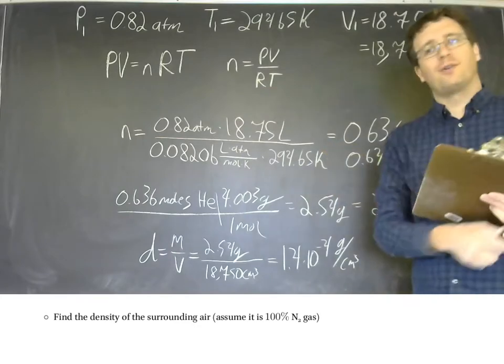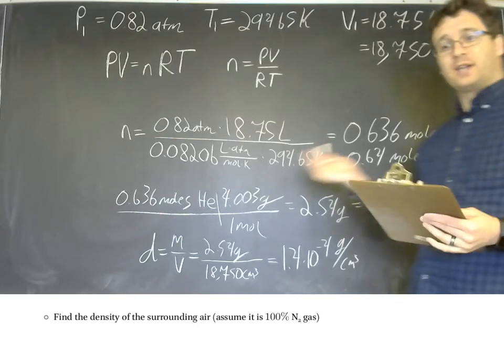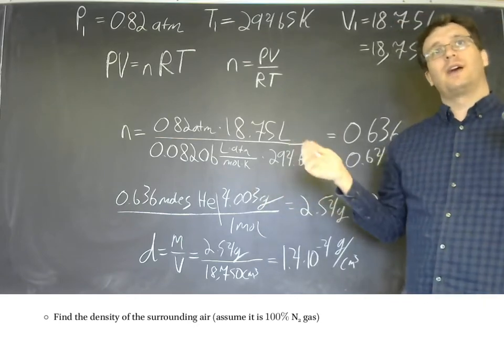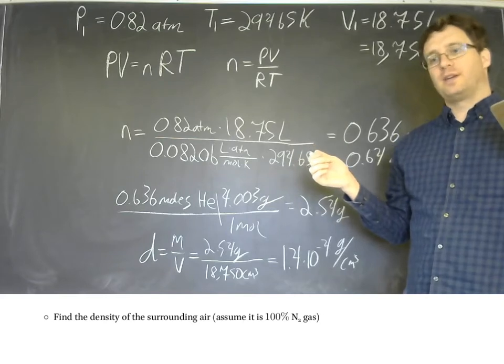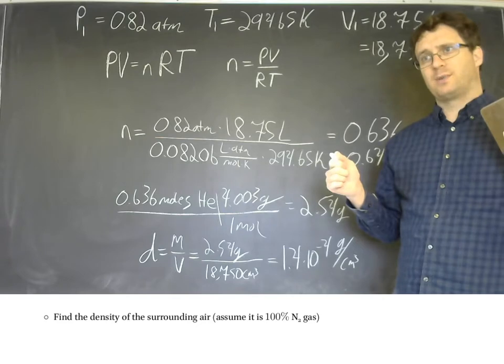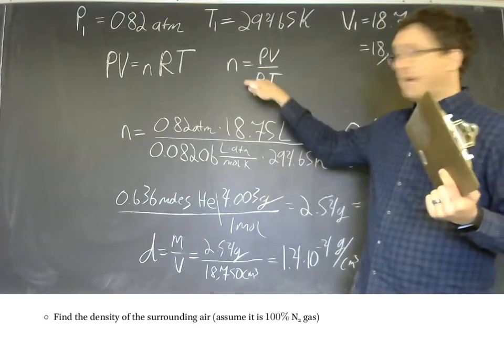And then to find the density for the surrounding air, we're going to recognize, first of all, that whatever volume is taken up by the helium balloon, if it were filled with nitrogen instead, it would have the exact same number of moles.